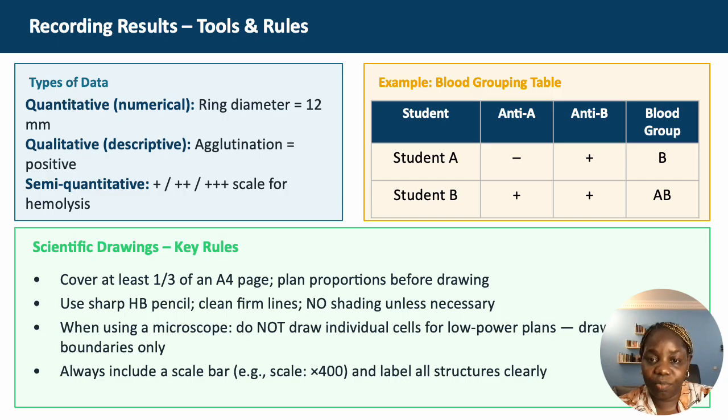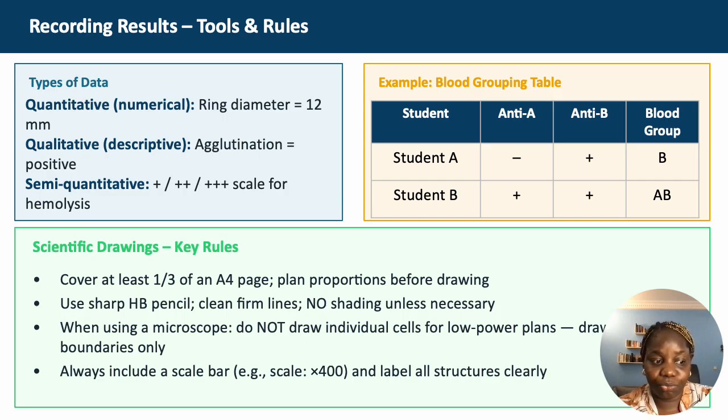Here in the table, you can see an example of blood grouping tables, showing how to report the result. If negative for anti-A and positive for anti-B, then the blood is group B. Scientific drawings should cover at least one third of an A4 page. Plan proportions before drawing.